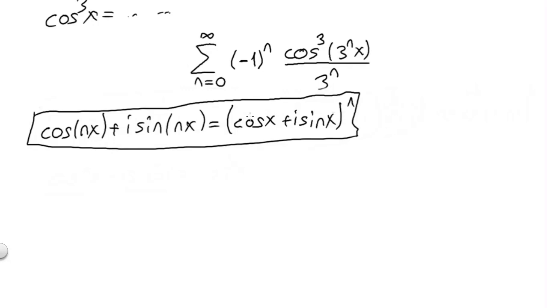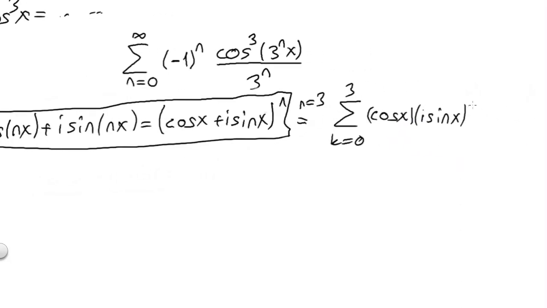Okay, so we are gonna use this. Since I want cosine just power of 3, I can just pick n is equal to 3. So if I pick n is equal to 3, this thing is just gonna be the sum for k from 0 to 3 of cosine x, i sine x, and also 3 chooses k.